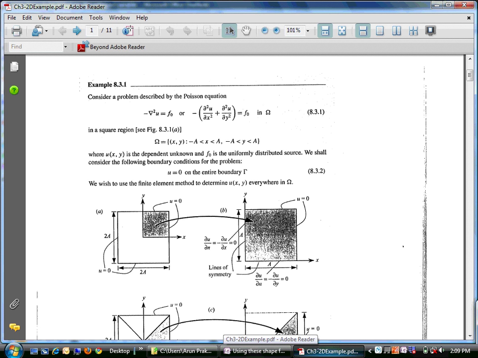This is the example where we are solving this Poisson equation. This Poisson equation is very similar to the heat conduction problem.